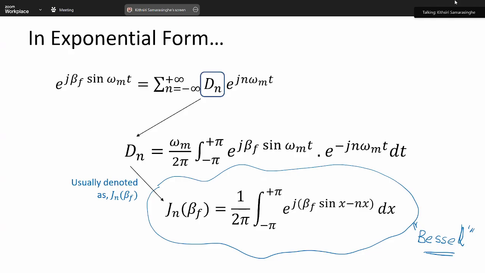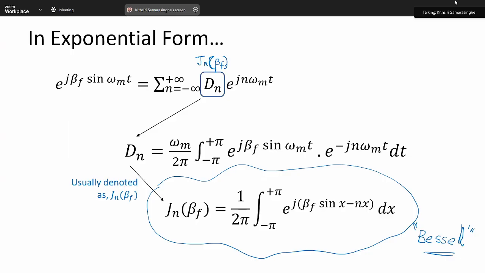So these Dn values we may be able to get from Bessel charts, provided that I know my modulation index, beta f. For that given modulation index, I can read all Jn values from Bessel coefficient charts.